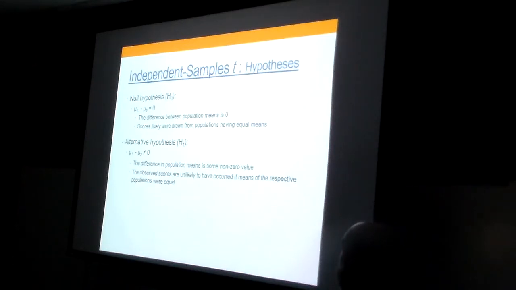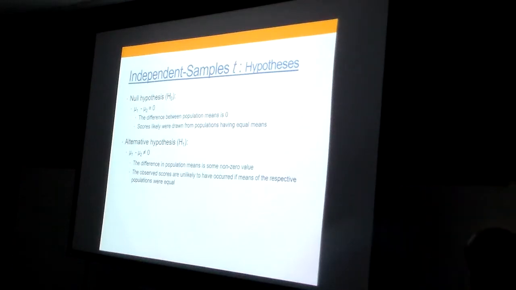Okay? So, for our independent sample test, our null hypothesis is the mean of population 1 minus the mean of population 2 is equal to 0. We can also write this if we wanted to, we could say population 1 equals population 2, right?